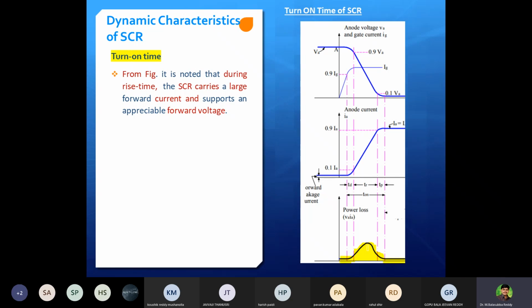The reason behind it is, during that instant, whatever I am showing, loss is high. During that instant, anode current is present, and voltage across the device is also present. This is the anode current and this is the voltage across the device.